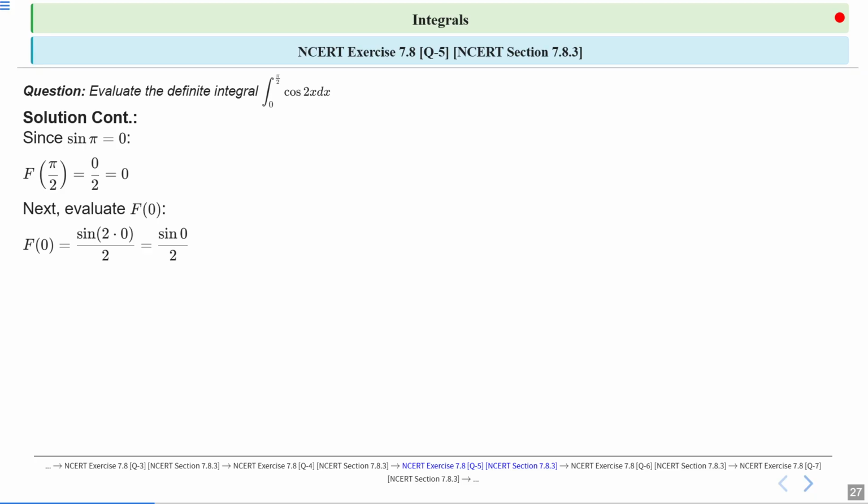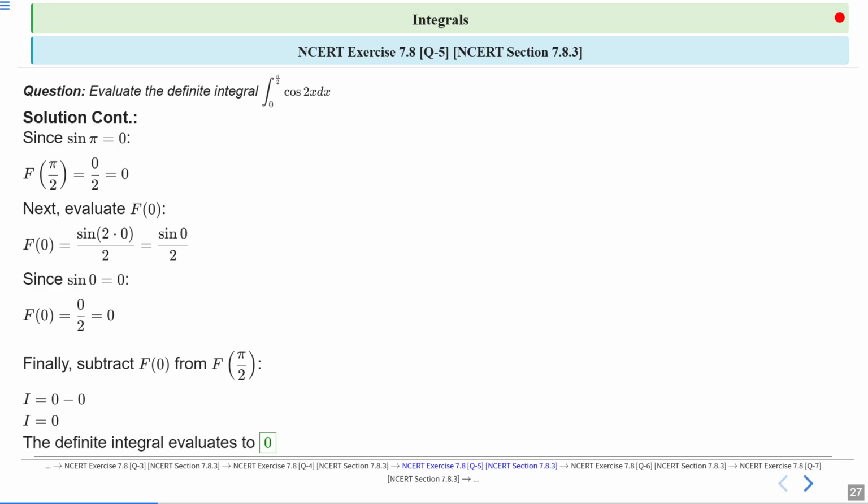So sin(2·0)/2, that is sin 0 by 2. So sin 0 is equal to 0, so f(0) is also 0. So finally subtracting f(0) from f(π/2), we get the value of the definite integral, that is 0.